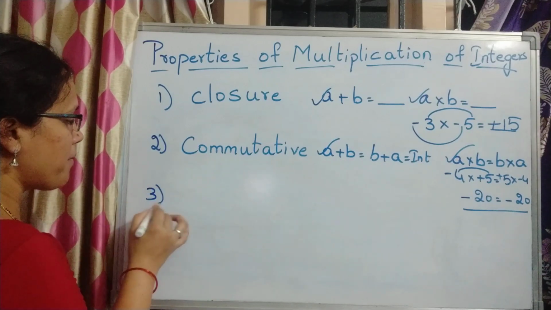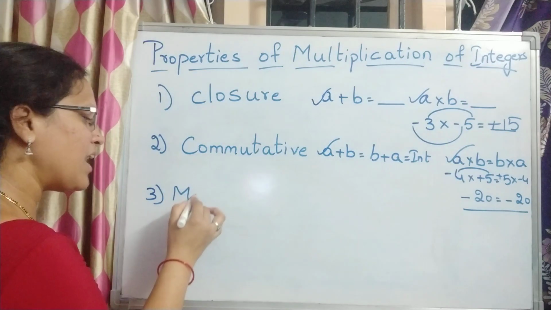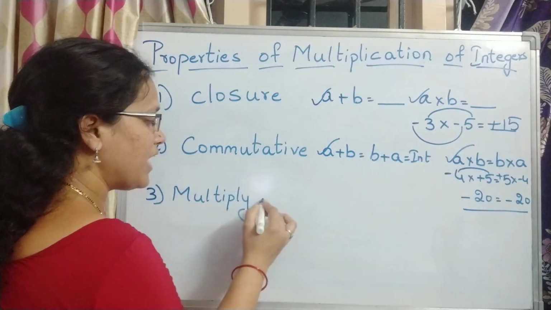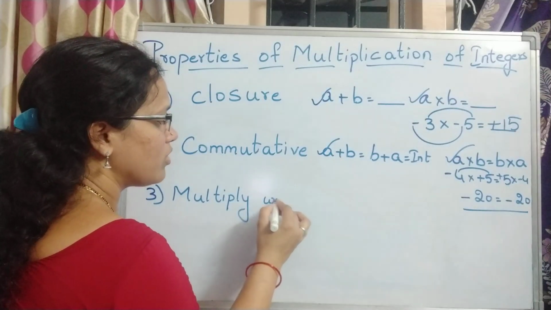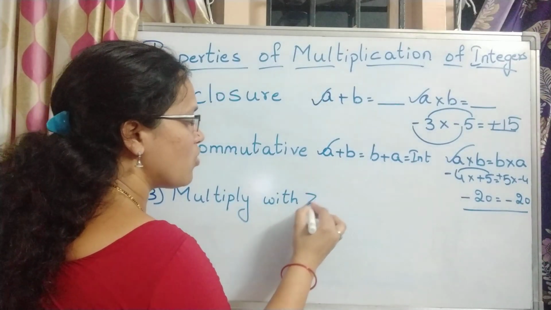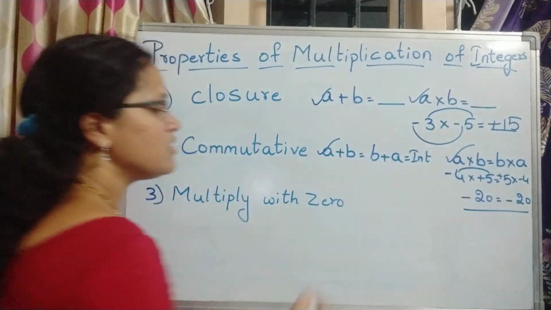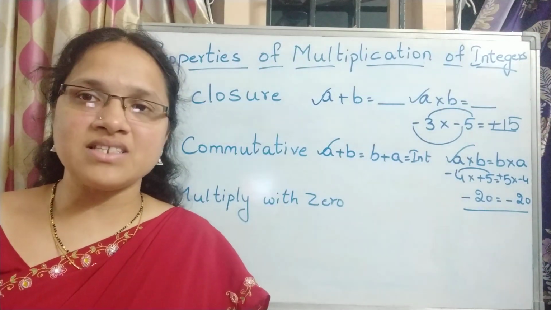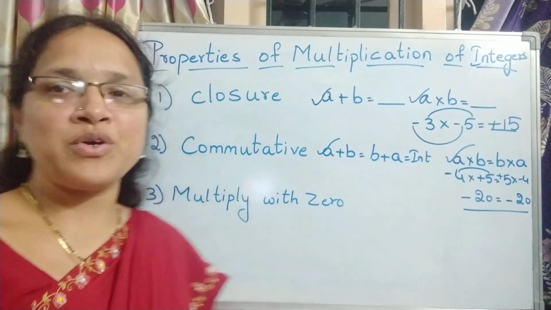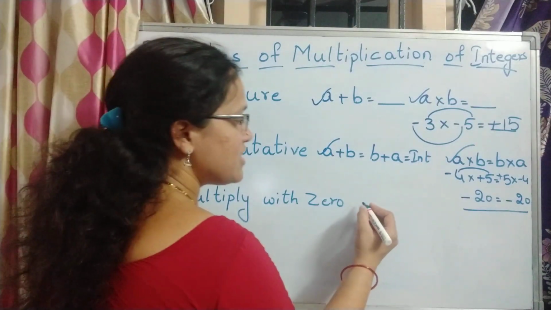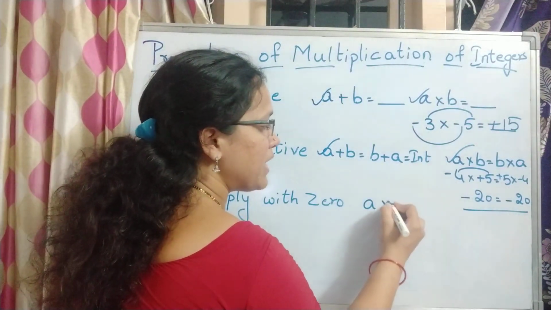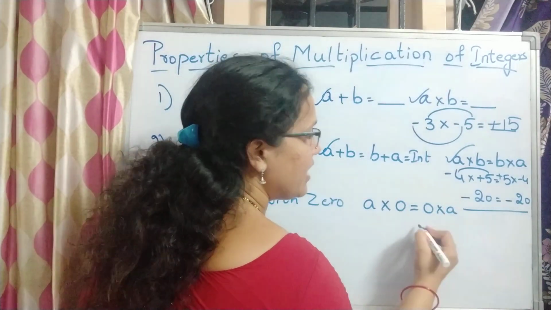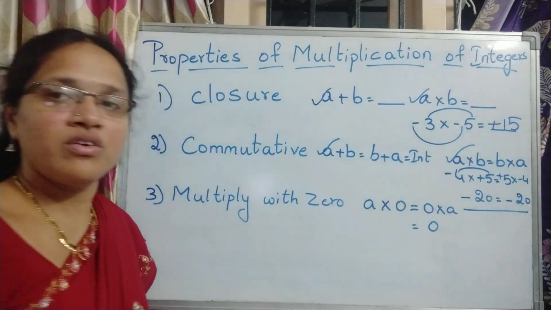Now coming to the third property, which is multiplying with 0. Children, this is very easy and you all love it, because everyone is excited to multiply with 0, since you get the answer as very good, 0. So any integer multiplied with 0, or 0 multiplied with any integer, will give you 0.